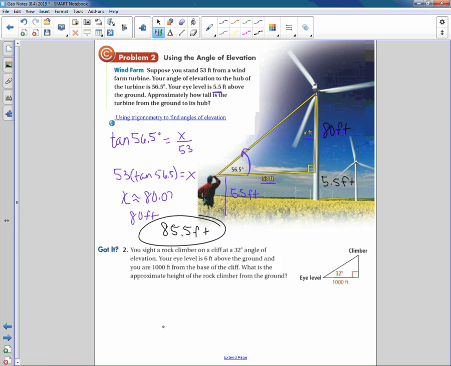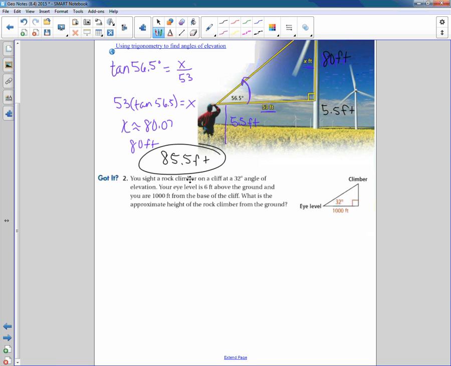Okay, so we look at the got it question and same thing, the sight of a rock climber on a cliff. So here's my person, right? And here's eye level for them. And here's the climber that they're watching climb. Okay, their angle of elevation is 32 degrees and their eye level is about 6 feet above, right? So this area right here to the ground is about 6 feet.